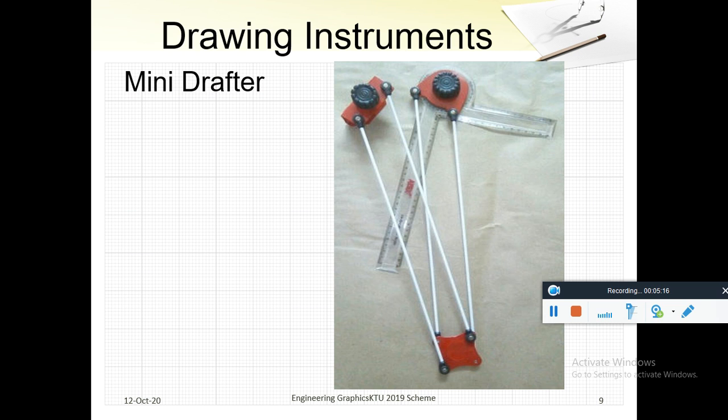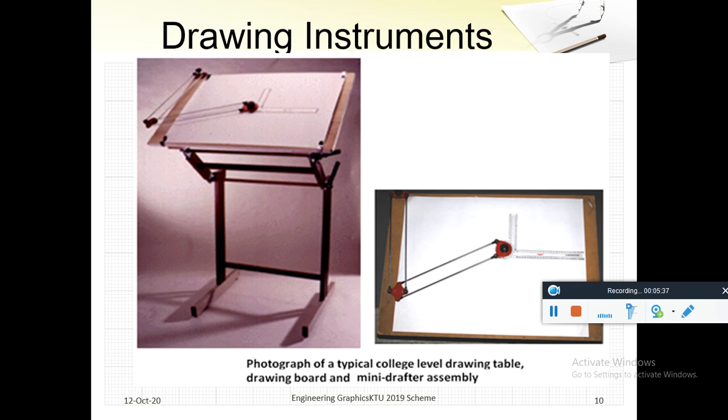Engineers use a drafting machine in an industry. It is called a mini drafter. It is a small form of the drafting machine which is used to draw in classrooms. A typical drawing board is shown here.